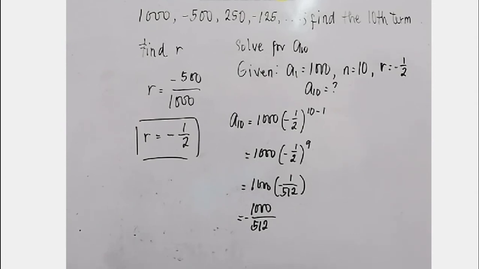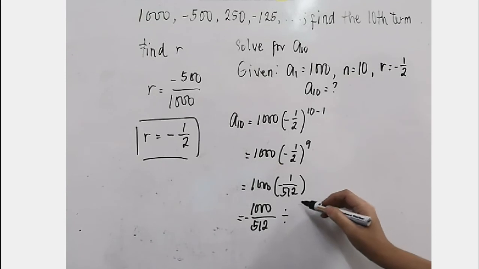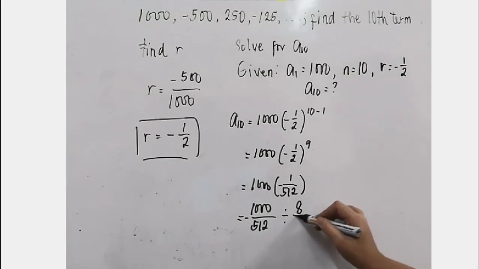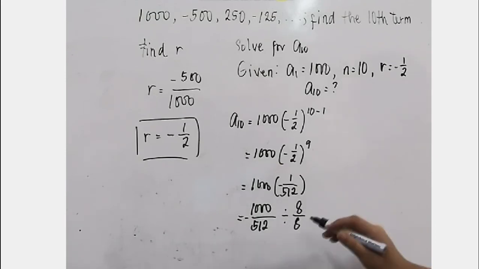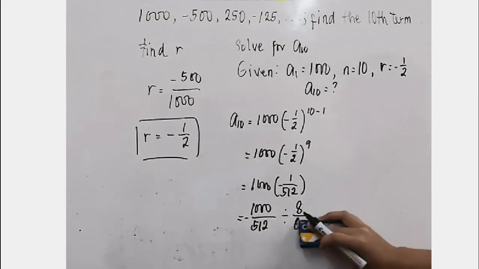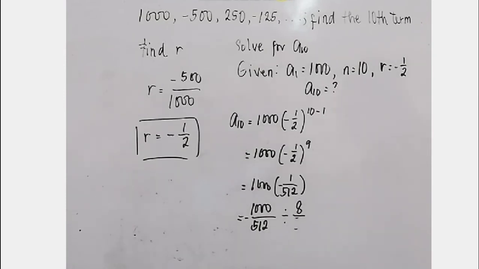Okay, so what is the GCF? So, we have divide both sides by 8. So, that will give us negative 125 over 64. So that is now our a sub 10.